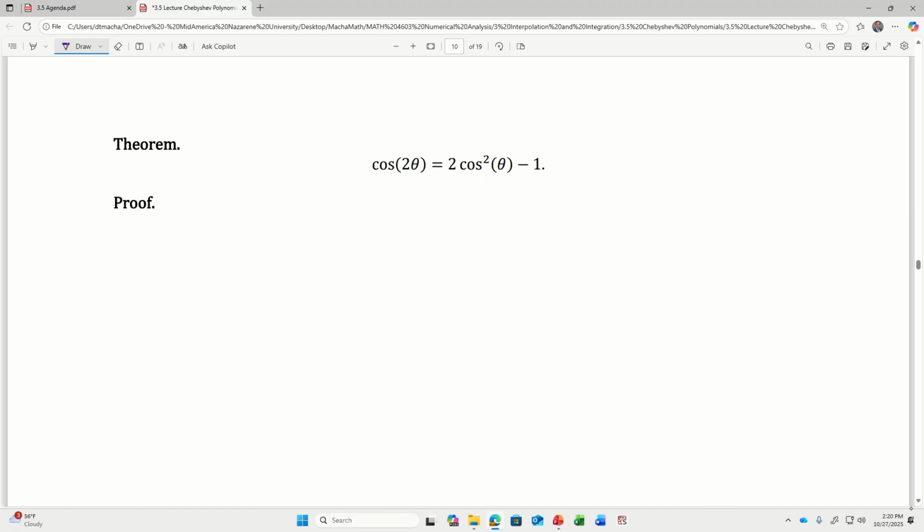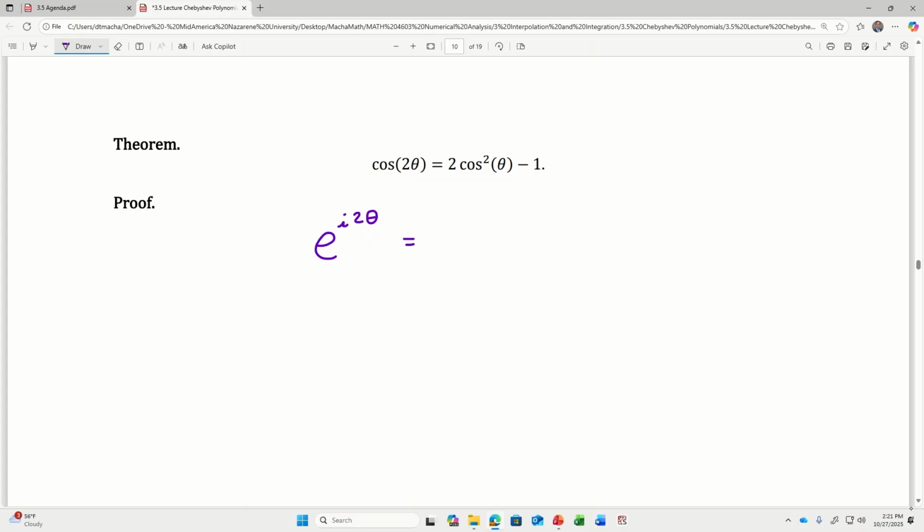Like, if I want to prove this double angle identity for cosine, what I'm going to do is start with e to the power i 2 theta instead. Right? Cosine of 2 theta? e to the i 2 theta. That's how you figure out how to start one of these proofs. All trig proofs start the same.